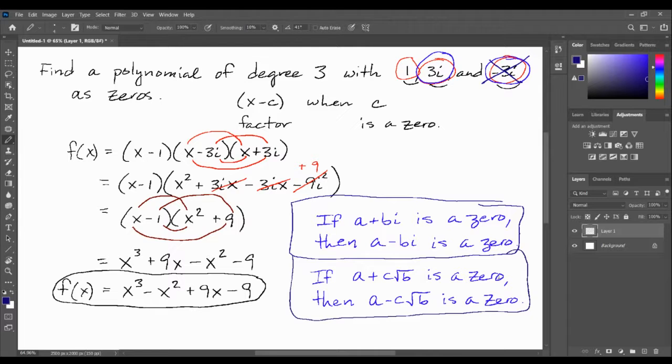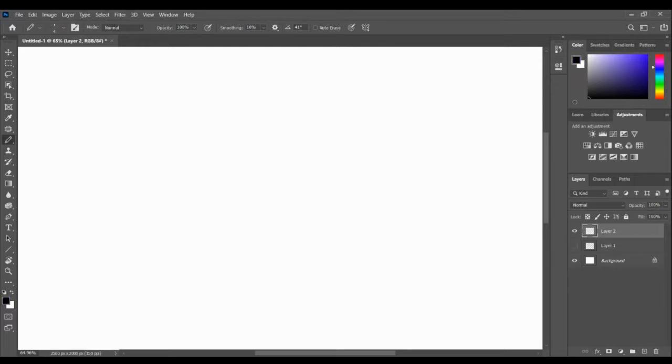For example, we do a different polynomial here, where they say find polynomial of lowest degree. So they're not even telling us what degree the polynomial should be.